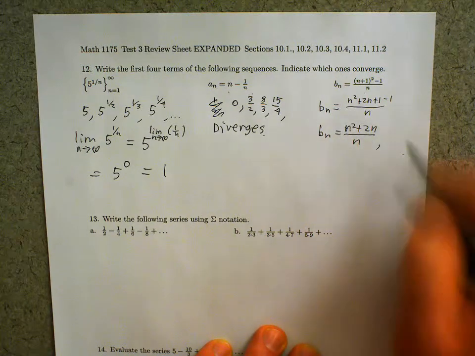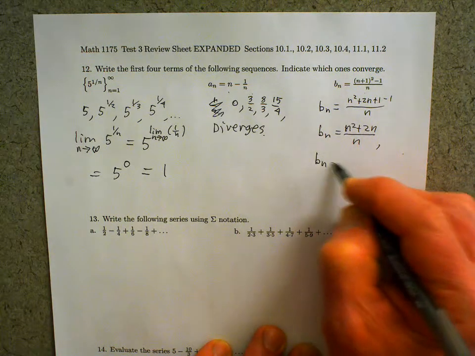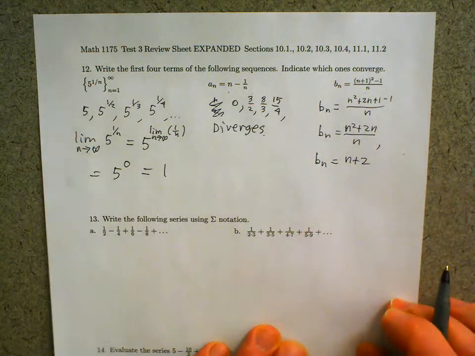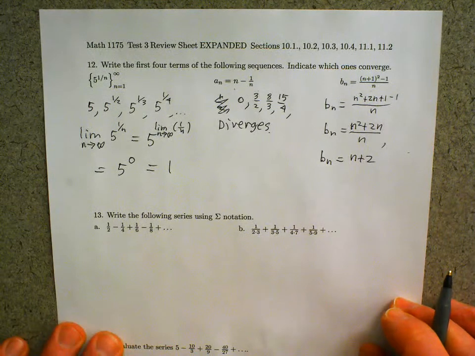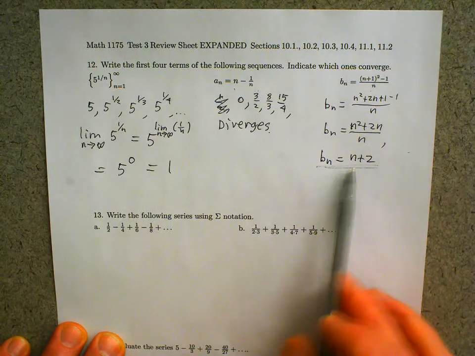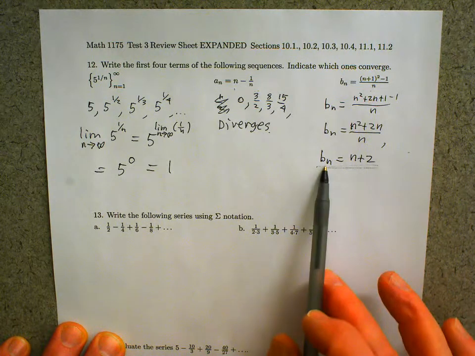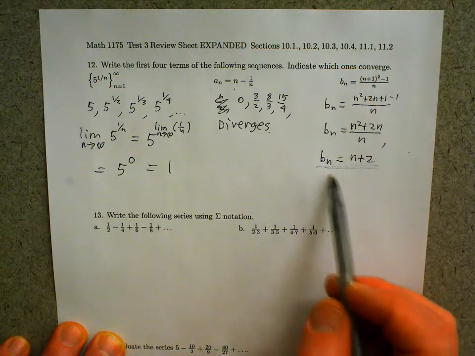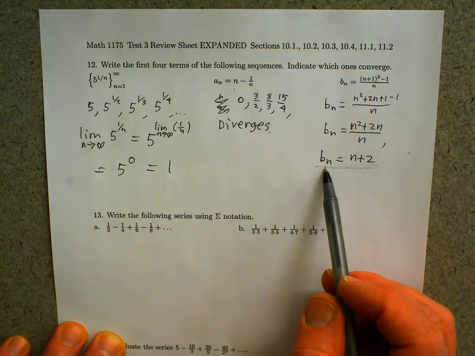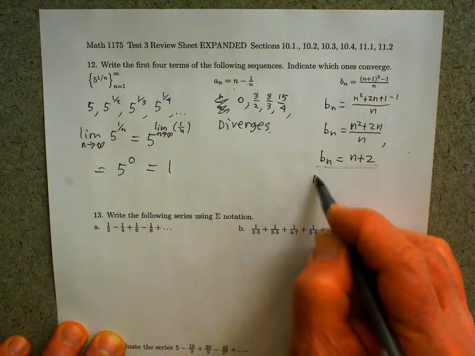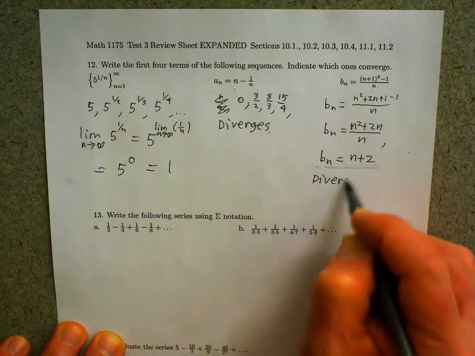Divide by n, we get b sub n equals n plus 2. I'll leave the rest of that for you to find the first four terms. Let's find the first one. When n is 1, the first term is 3. And when you take the limit of this sequence, it diverges to infinity. So it doesn't converge, it diverges.